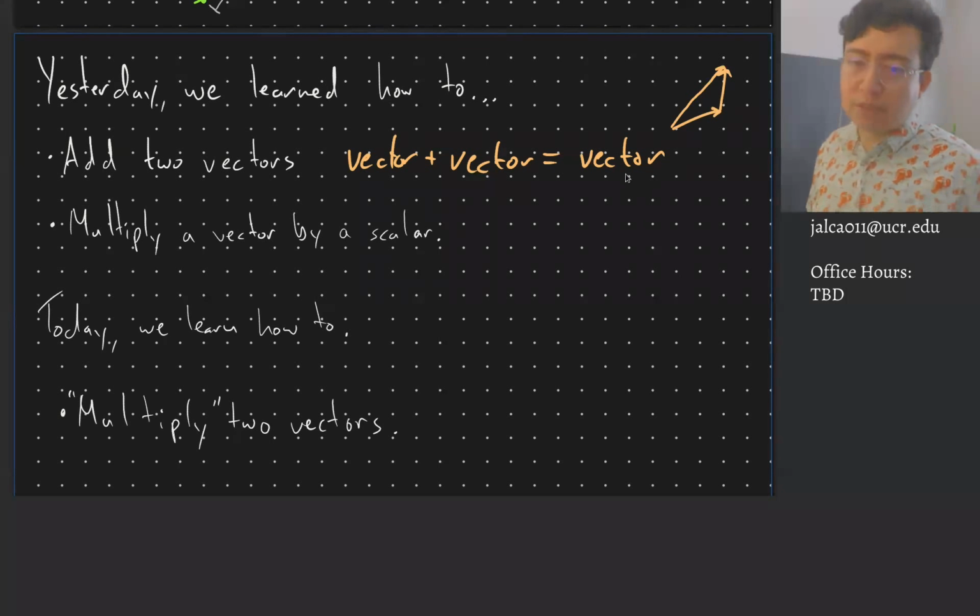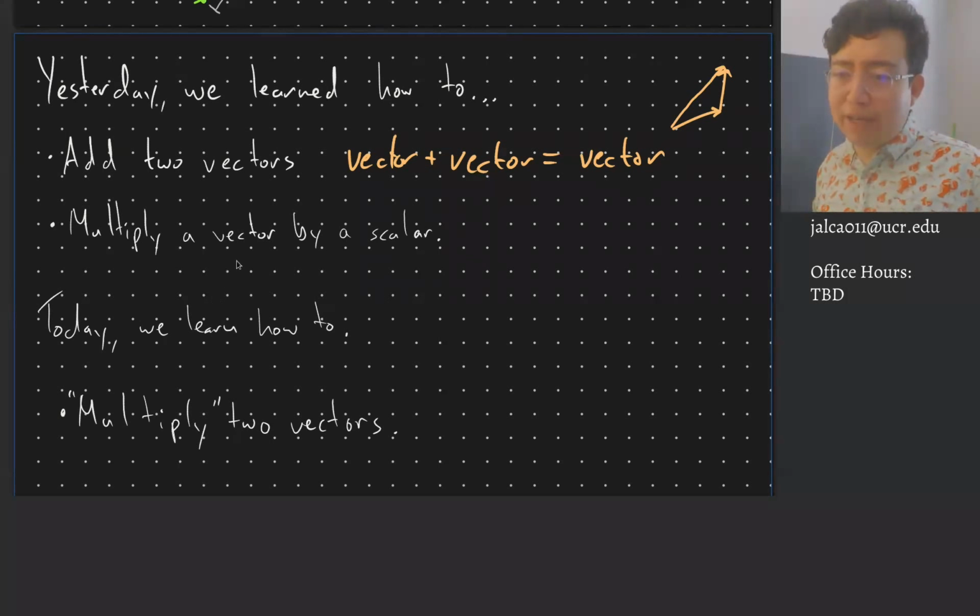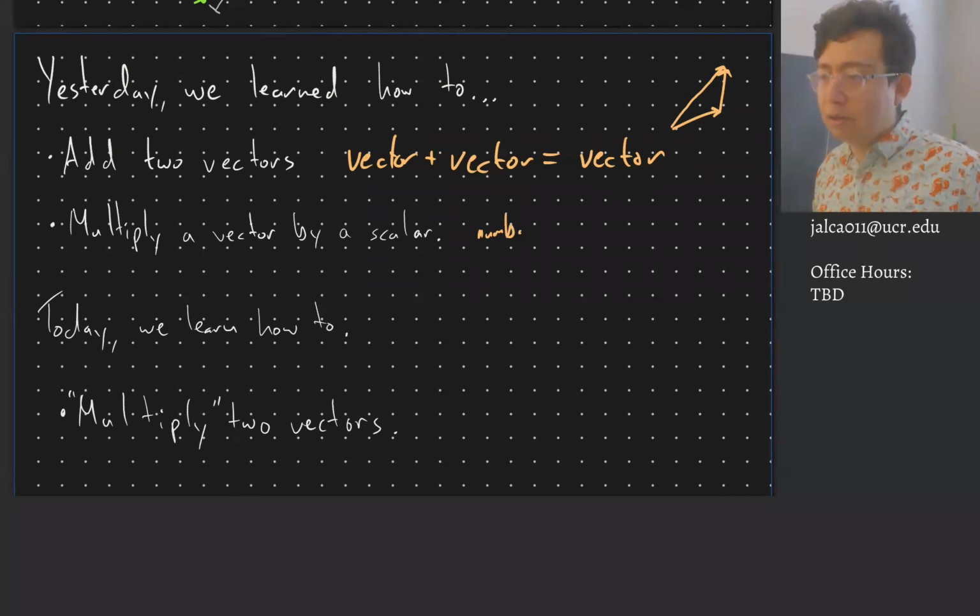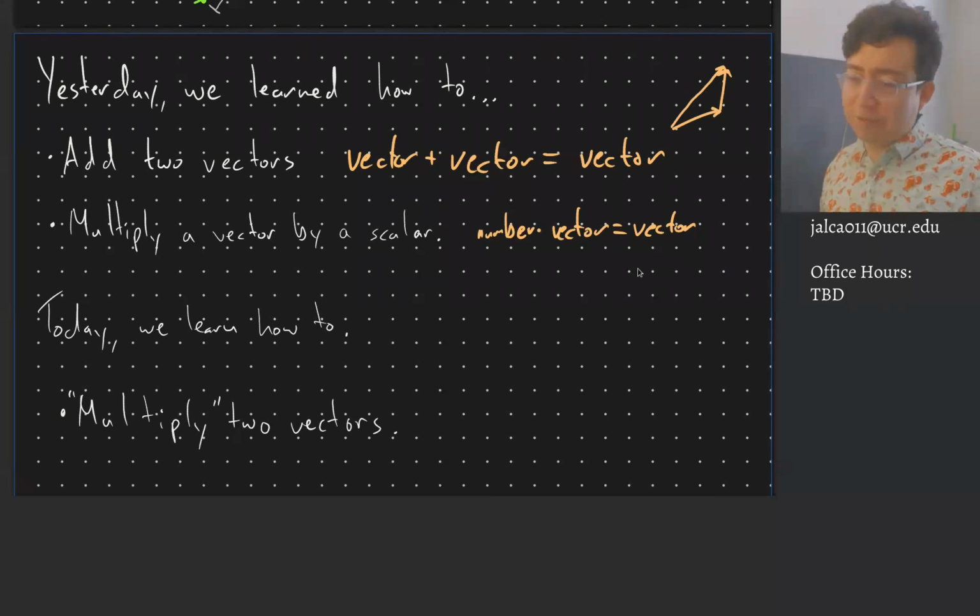And then you can also scale, multiply a vector by a scalar. So a number times a vector gave you a vector, and this was just stretching or squishing or reflecting also, if you use a negative number. That's what it meant geometrically.